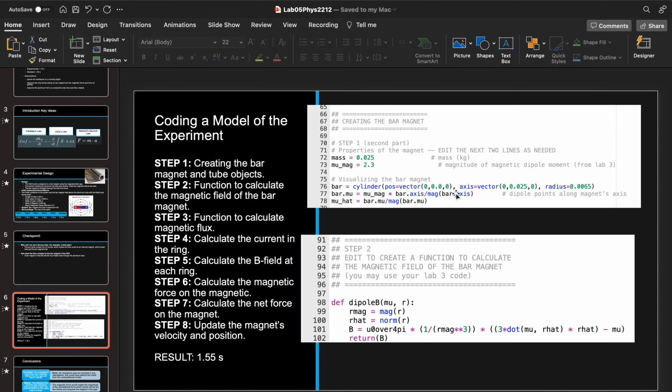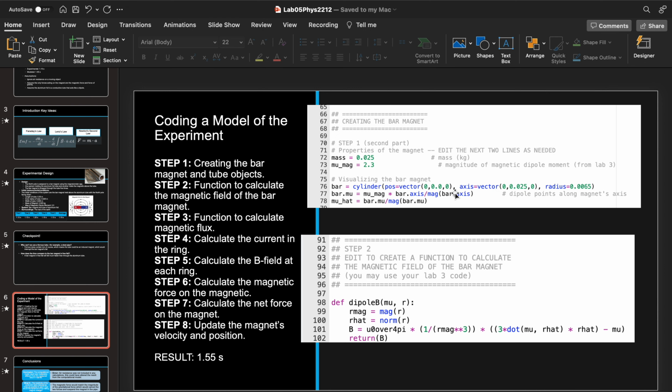And so here you can see snapshots of different parts of the code. These formulas, for example, this was used in the function of the dipole, this B. And this was the mass of the magnet, which was 0.025, and this is the magnitude of the magnetic dipole moment from lab 3, which I got as 2.3.